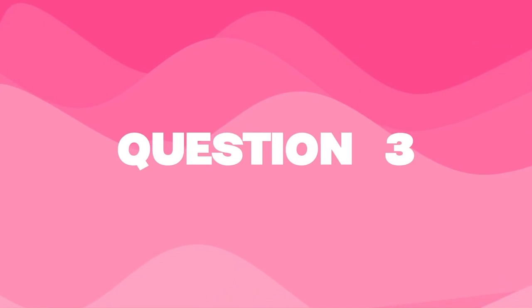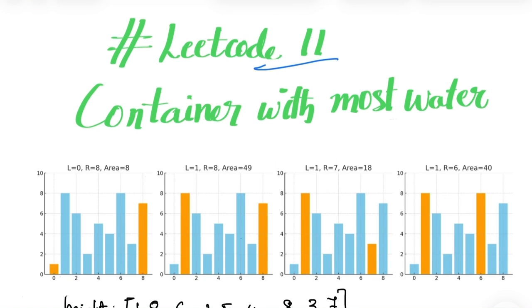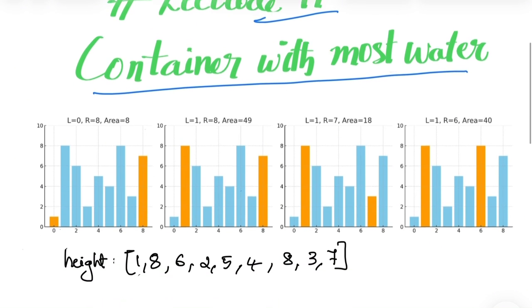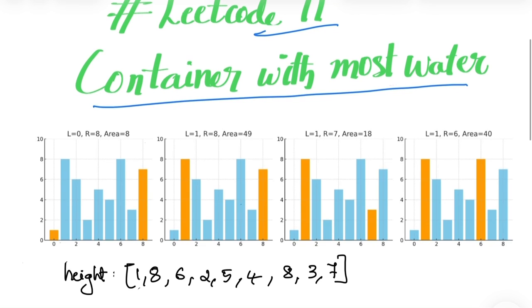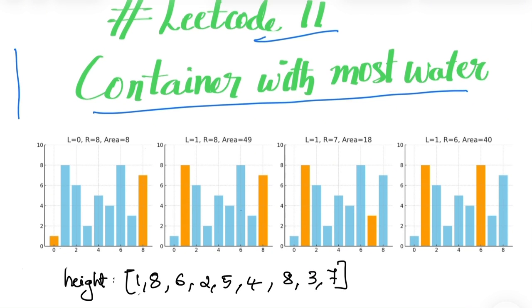Today we are going to solve LeetCode number 11, Container With Most Water. What you have to do in this question is find a container that holds the maximum amount of water.